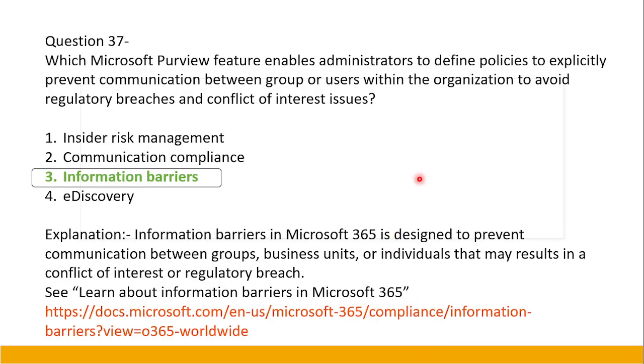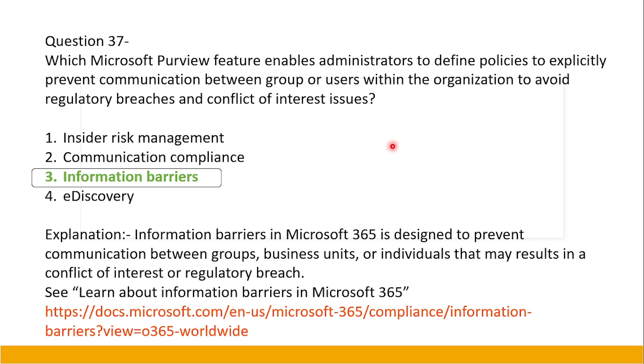Question number 37. Which Microsoft Purview feature enables administrators to define policies to explicitly prevent communication between groups or users within the organization to avoid regulatory breaches and conflict of interest issues?